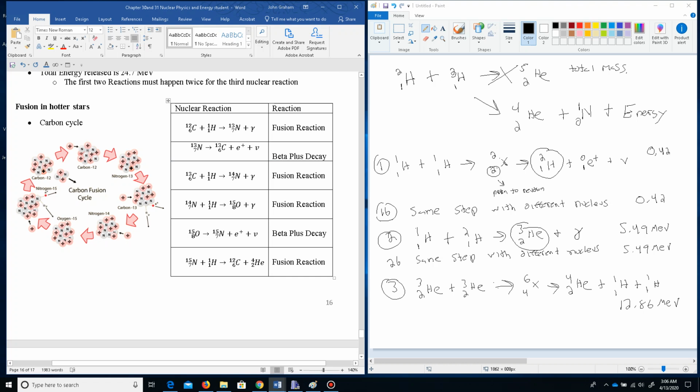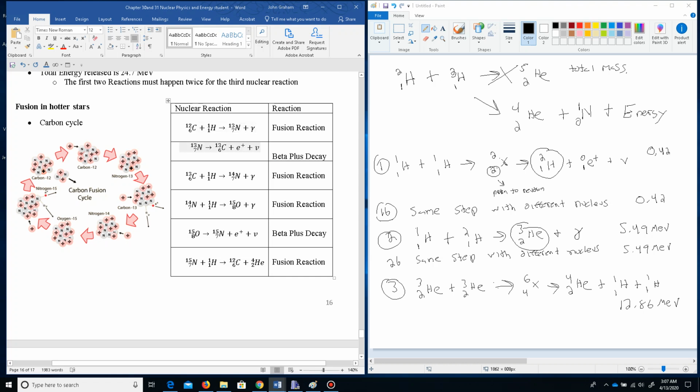Now, when it comes to the stars, we also have, in hotter stars, the carbon reactions. So carbon 12 with 6 protons and 6 neutrons. When that combines with a hydrogen, you get a nitrogen, and then you get some gamma ray released, which would be a fusion reaction.